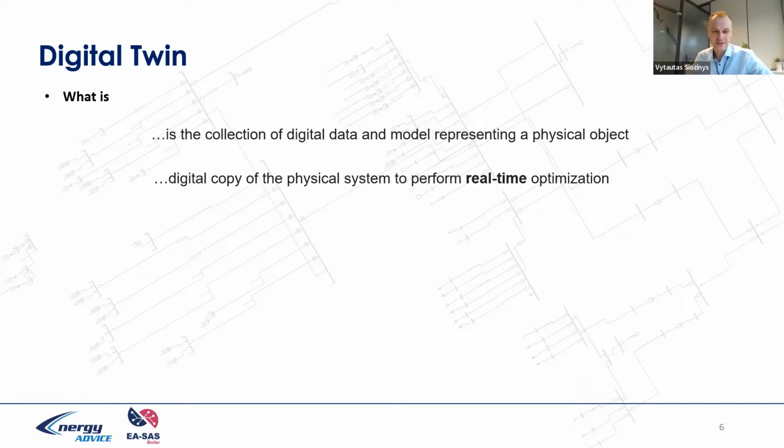It is another description: a digital copy of a physical system that performs in real time. It's very interesting that the mathematics performs in real time. Or another description: it is a real-time digital replica of a physical device. It's almost the same description, a real-time mathematical copy in general.